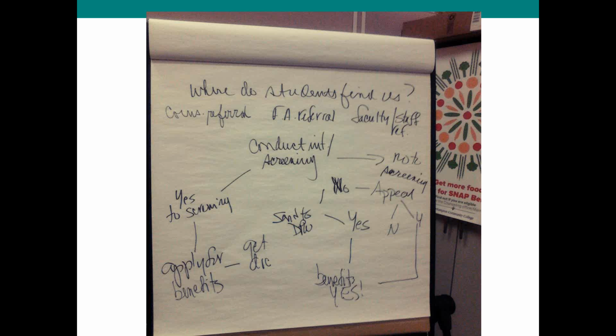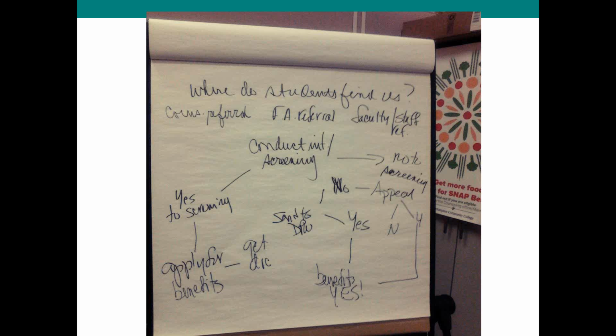And then the third person on our staff was someone who knew a little bit about the college because she went here. She also worked here for a year or so before she went off to get her bachelor's degree, and she also was a recipient of public benefits at one point in her life. So we had a nice combination of folks who each had something to offer. So really what we did was we sat down in a room and we started talking about, okay, how do we get there?